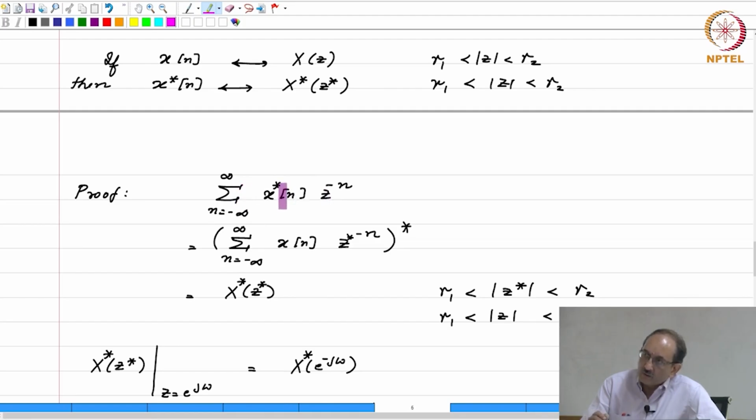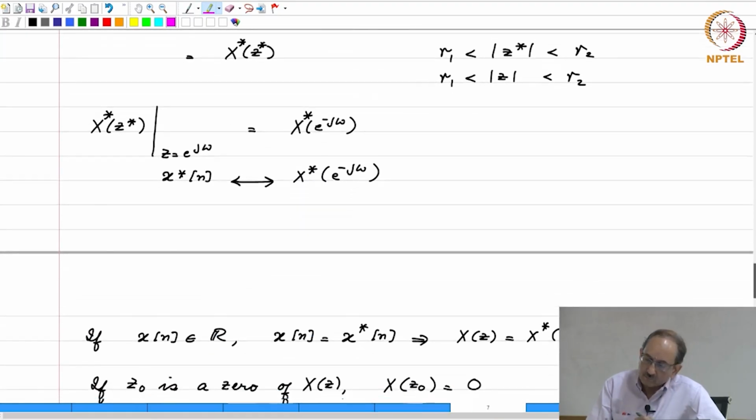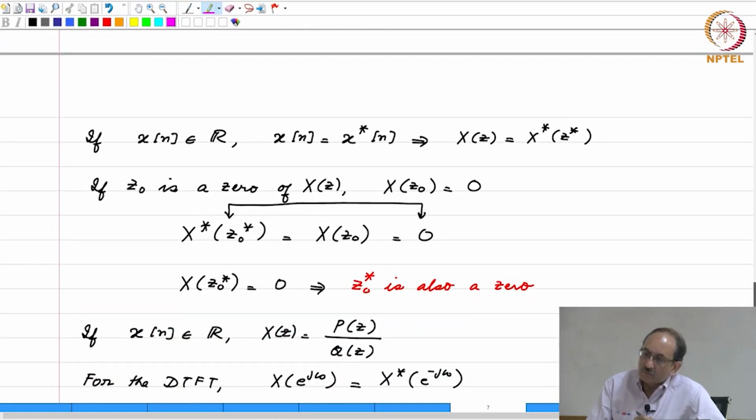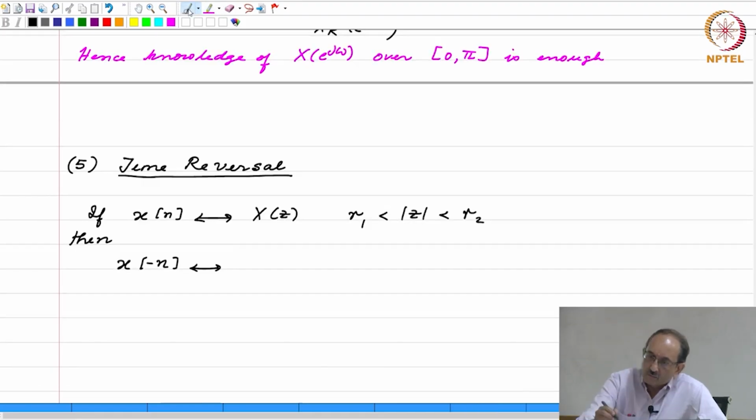If x of n were real and if z also were real, the quantity has to be real. So, that is another way of seeing this. These are some of the inferences that can be drawn from the Z transform, but typically this property is exploited in the case of DTFT for real valued sequences, where half the information is enough.